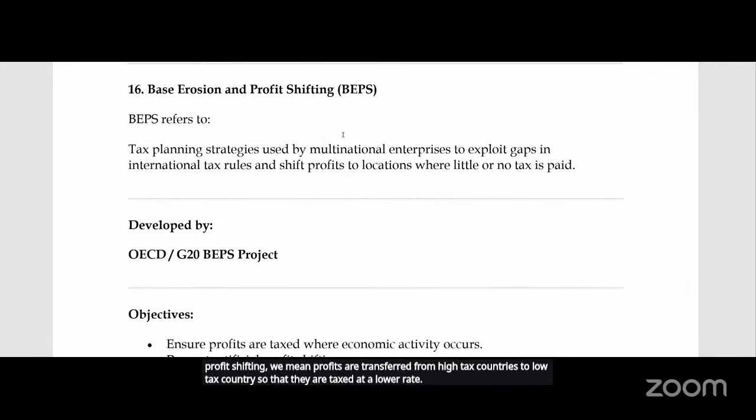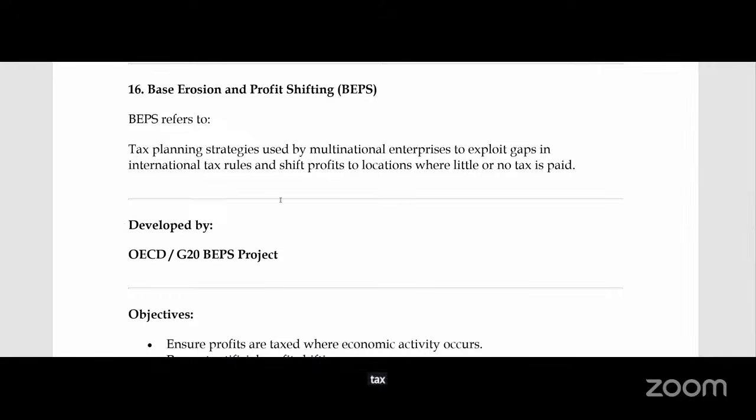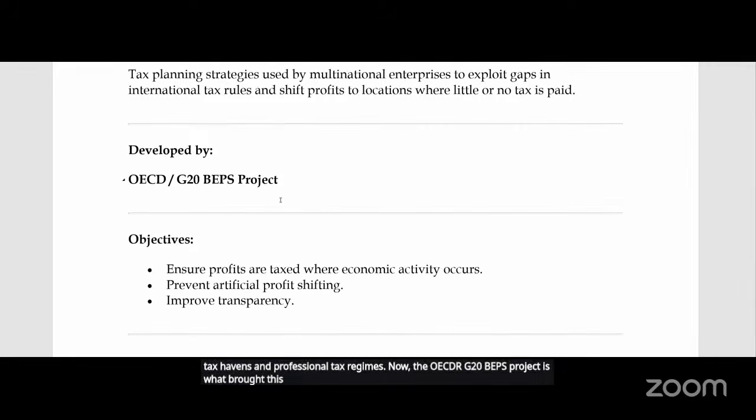So when we say base erosion and profit shifting, we mean tax planning strategies used by multinational enterprises to exploit gaps in international tax rules and shift profits to locations where little or no tax is paid. And this is where we must understand tax havens and preferential tax regimes. Now, the OECD/G20 BEPS project is what brought this, and there are 15 action plans.